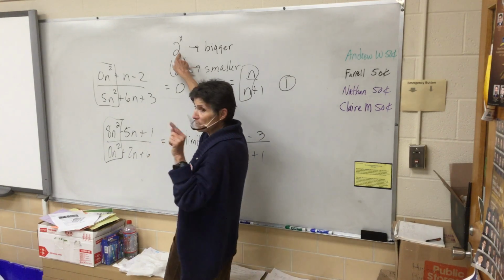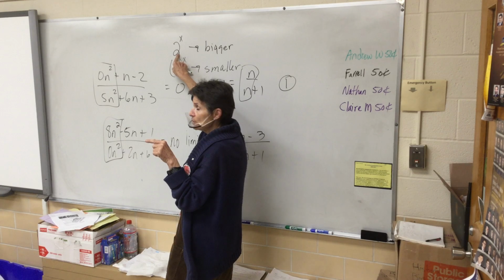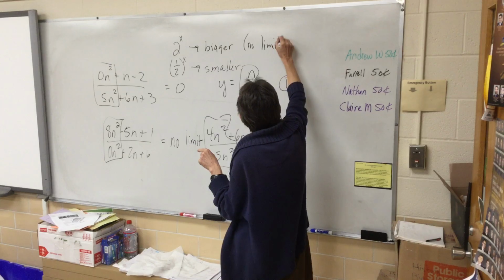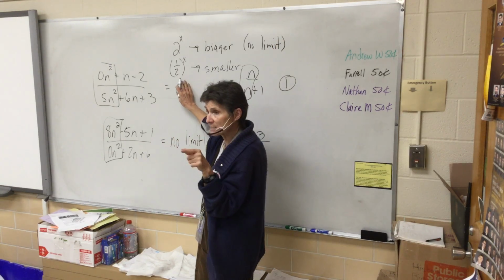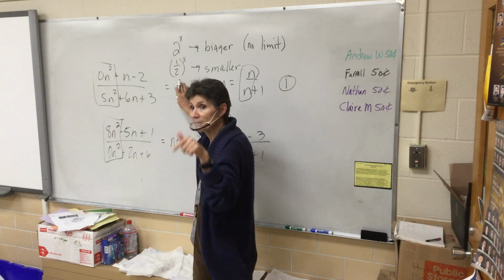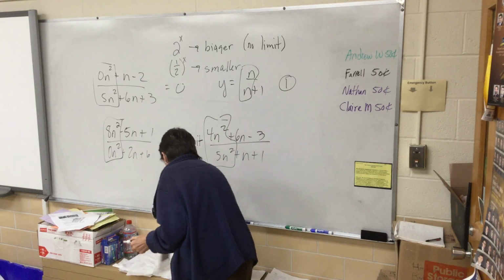If the number is bigger than 1, you're not going to have a limit. If the number is less than 1, like 1/2, 1/3, 2/3, 3/5, your limit is going to be 0.